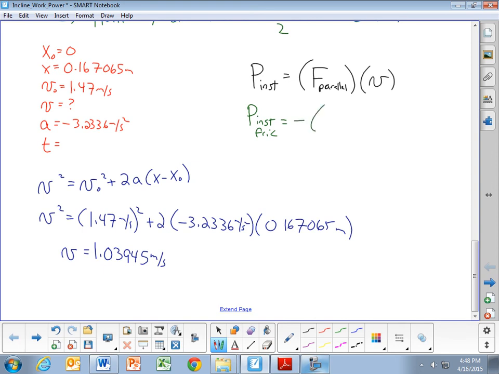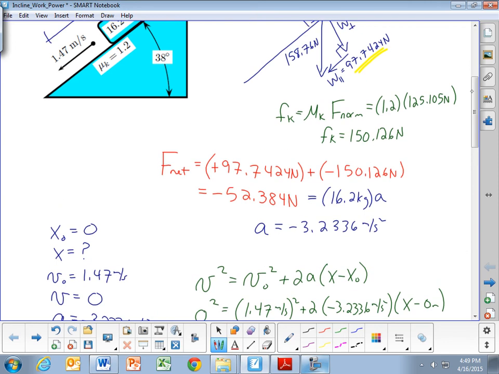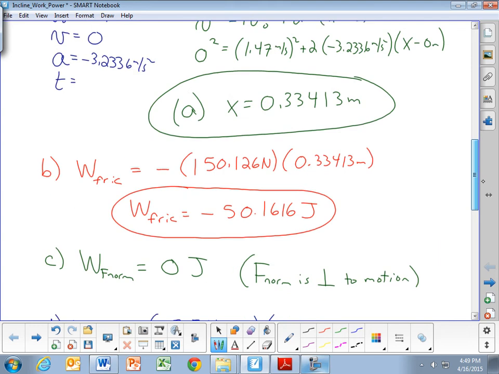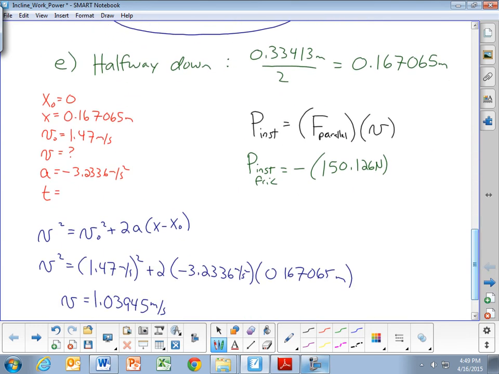And I would take my force of friction, which I calculated earlier was 150.126 newtons. So again, that's what I calculated all the way up here. I found the force of kinetic friction, and I multiply by the velocity that I just calculated, 1.03945 meters per second.